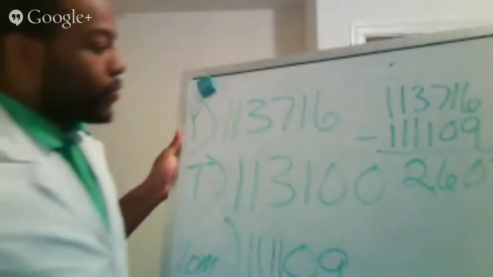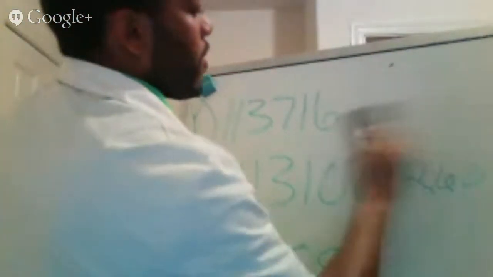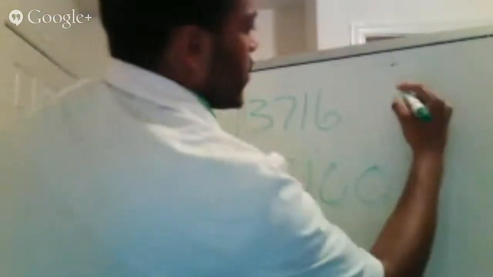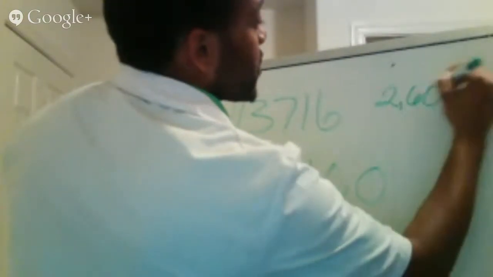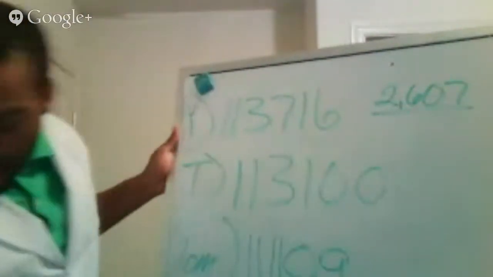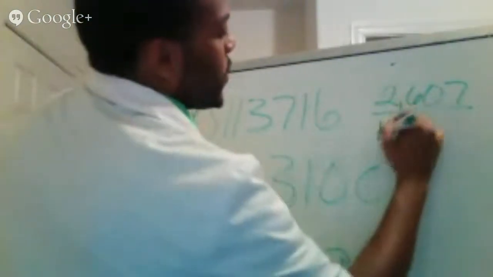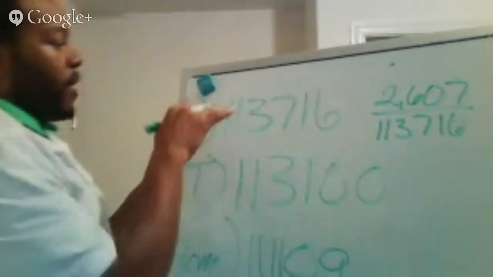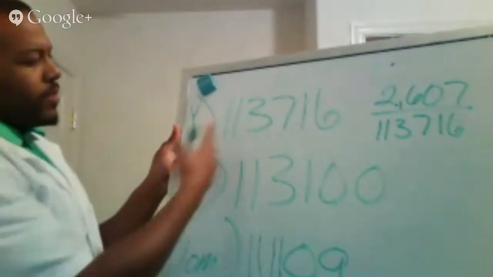I'll open up a little room here. Of the 2,607, we want to know what percentage that is of the 113,716, because we're going from yesterday to tomorrow, to make it drop by that much.